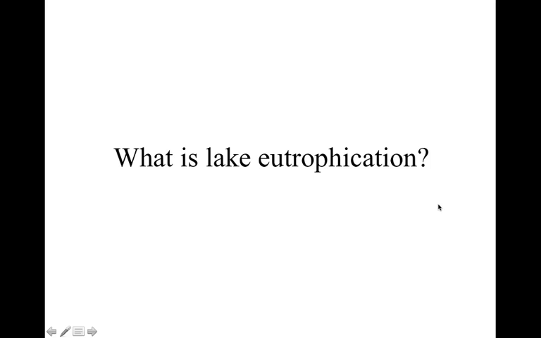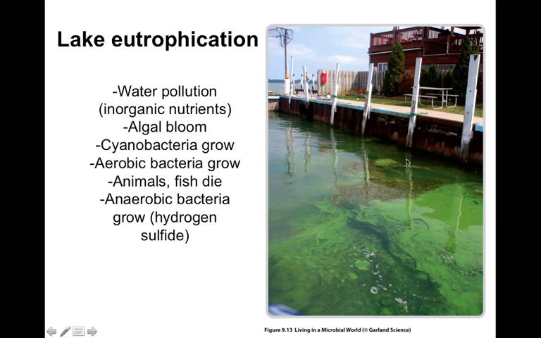What is lake eutrophication? This is a question that I like, because I think it's kind of neat to see what can happen to a lake. Actually, I don't think it's really neat. It's quite disturbing. But when there's pollution that's run off into a lake, you get an excess of inorganic nutrients that wouldn't normally be there.